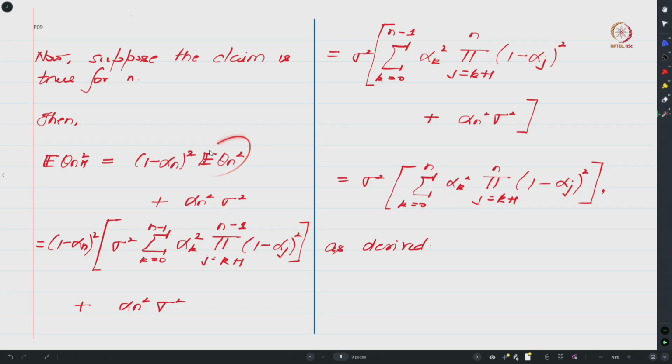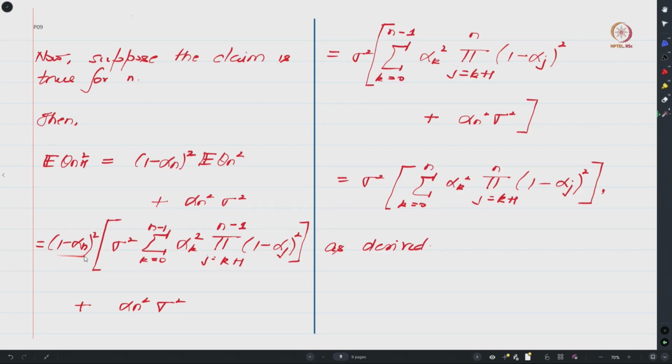We are going to take this expression and substitute our induction hypothesis. Wherever we had this expected theta n square, we replace it by sigma square plus the sum that goes from 0 to n minus 1. This is n minus 1 because we have n here, and similarly here also we have n minus 1. This alpha n square sigma square we retain as before.